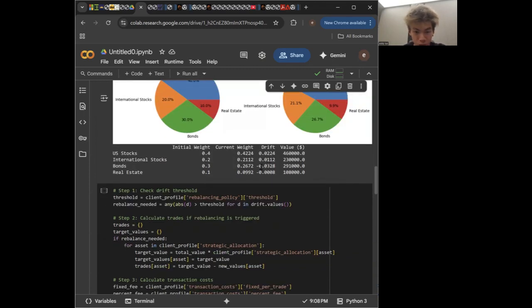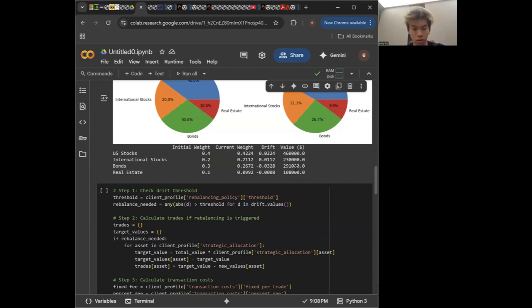From this table, when comparing to the 3% drift, the bonds were off by 3.2%.